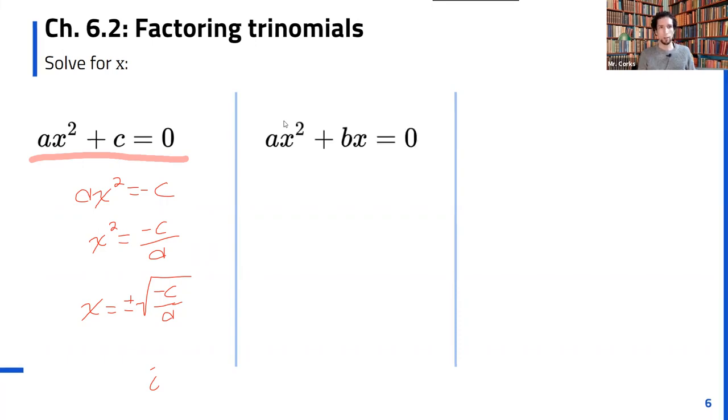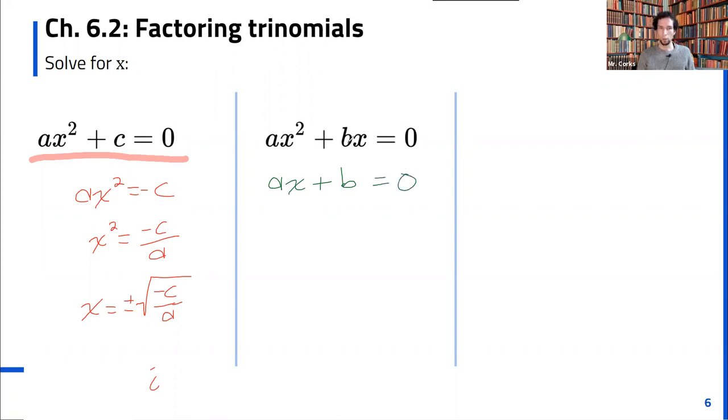What if we have something like this? How can we solve for x? You can divide both sides by x, maybe. So divide both sides by x, which will give us ax plus b equals 0.